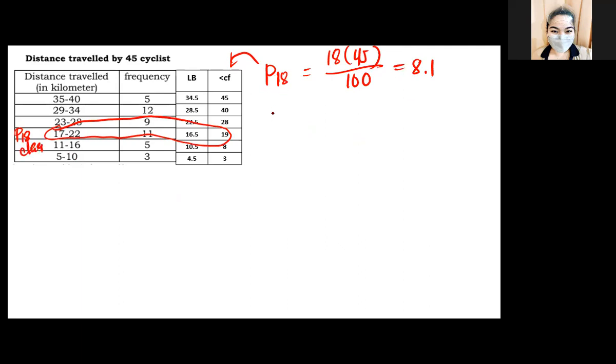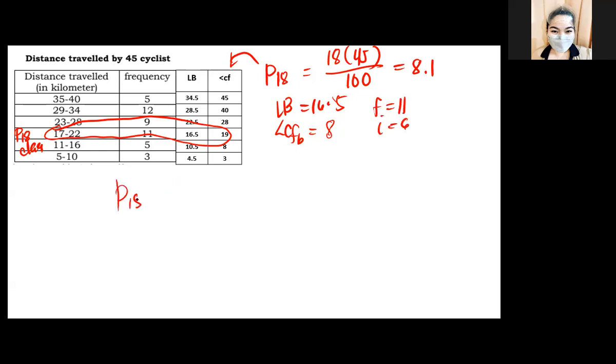So, ano po yung P sub 18 natin? Lower boundary niya ay 16.5. Yung cumulative frequency niya below is 8. Yung frequency niya ay 11 at yung i ay 6.